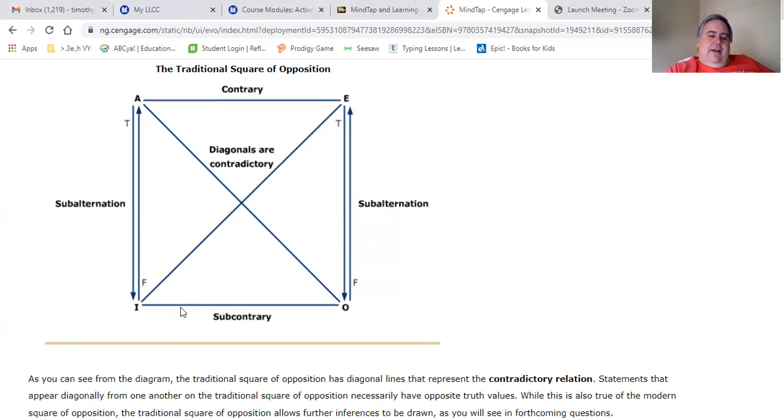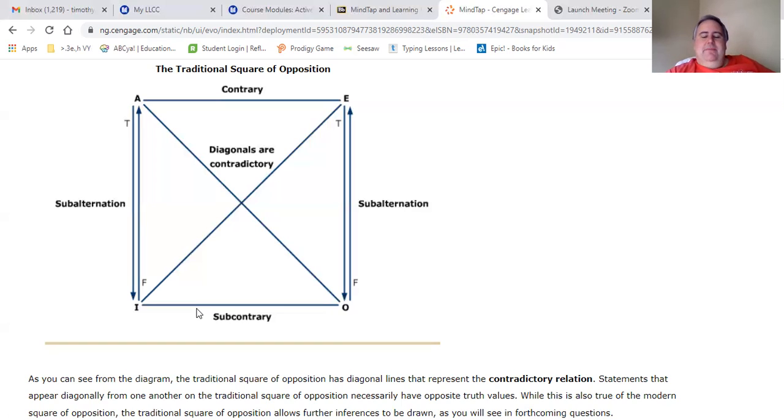Now, subcontrary is where you're talking about specific examples within categories. And in this case, they can both be true, but they can't both be false in the Aristotelian view. Why can they not be false?